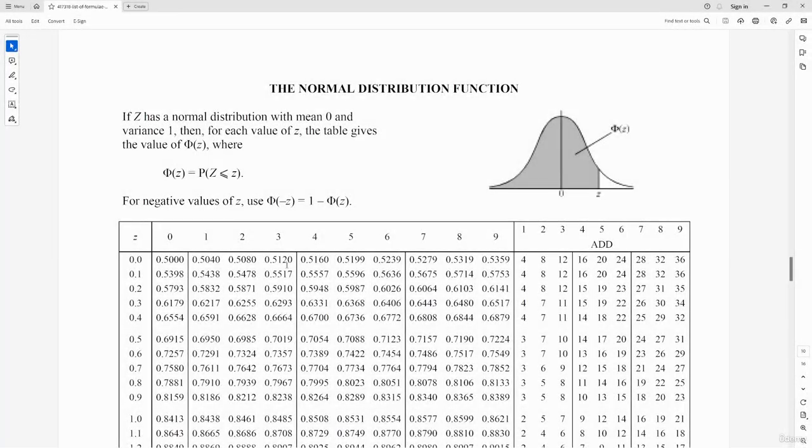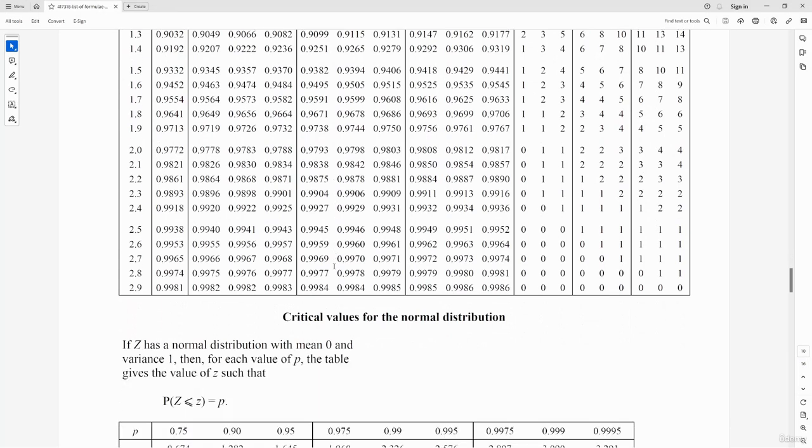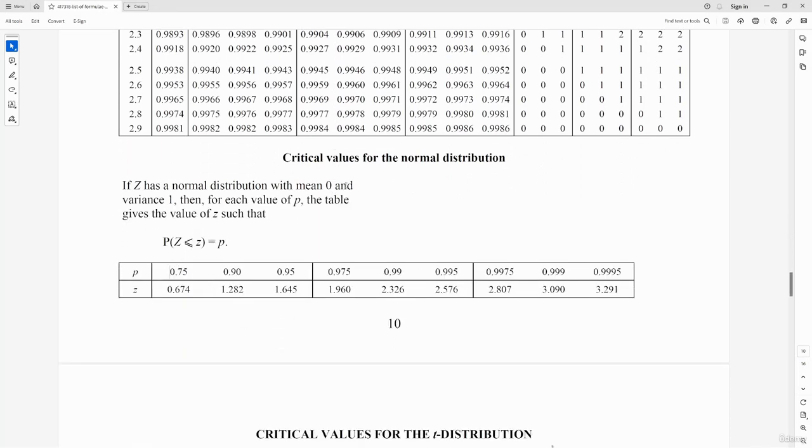If you go to your normal distribution table and you scroll down past the main table, you'll find this little box here, which is the critical values for the normal distribution. Now, it's basically a little table for the inverse function, but it only gives you a small number of values, and they're all on the right-hand side of the distribution. That is, the probabilities are all above 50%, just like they are here.